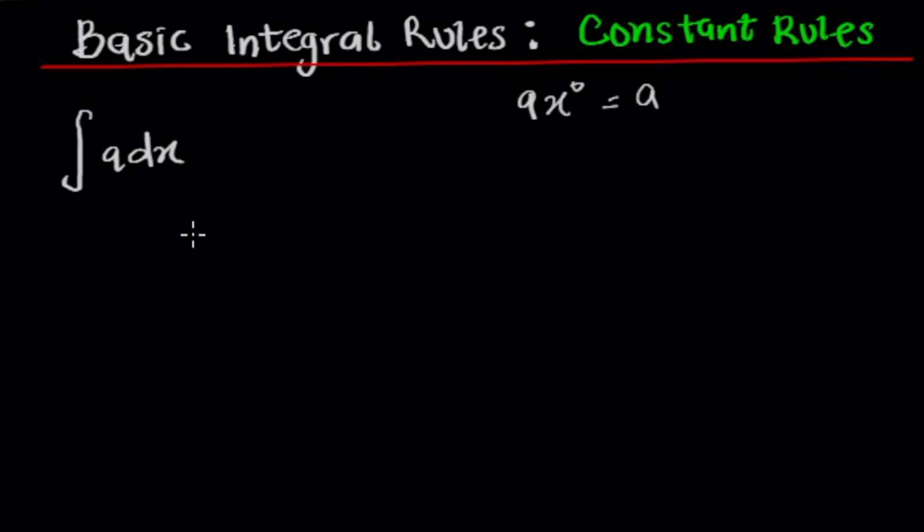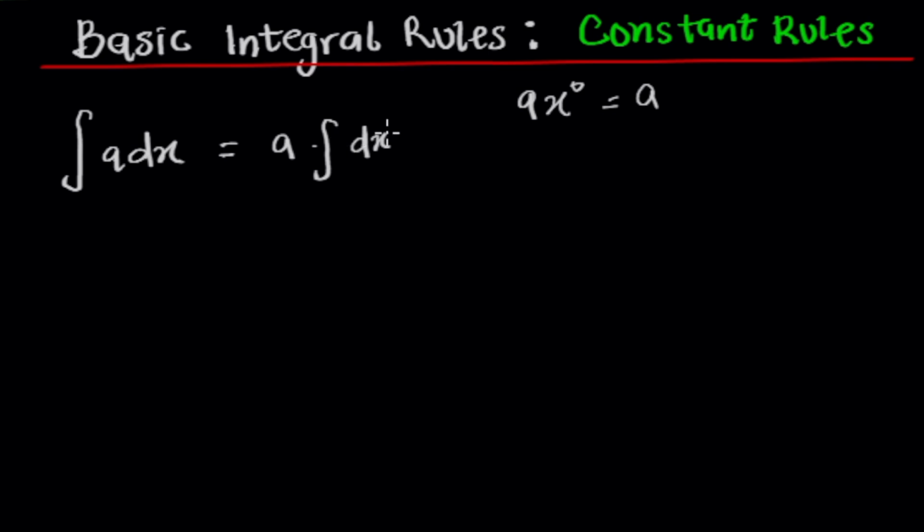So whenever you want to integrate this kind of function, we are going to bring this a out of the integral. So we're going to have a multiplied by the integral of dx, and what I want you to understand here is that we are integrating with respect to x.